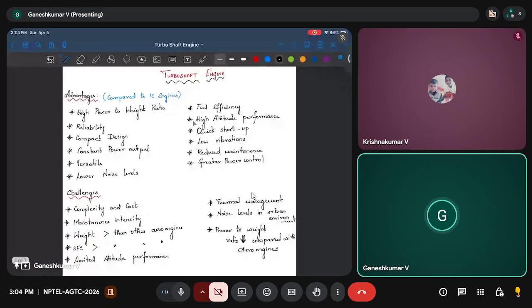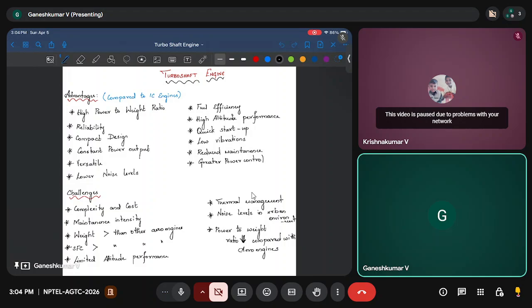Compared to the IC engine, it has a lot of advantages. The turbo shaft engine is nothing but you use the energy to drive the shaft, and the shaft is connected, for example, if it is used in a helicopter, to the propeller. In any propeller based engines, you will directly connect the free turbine to the propeller.